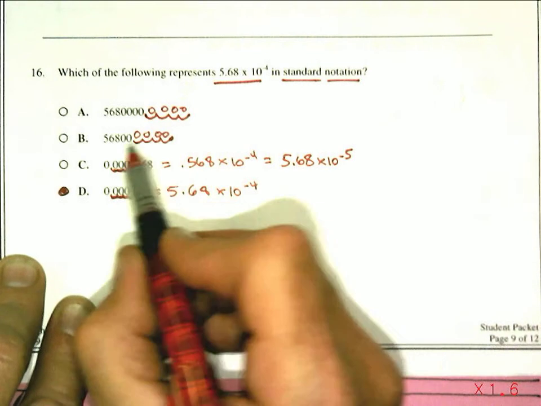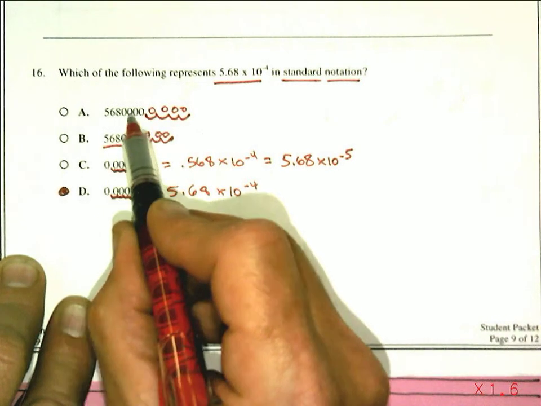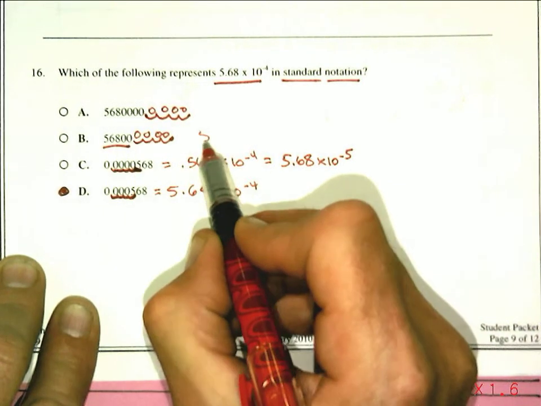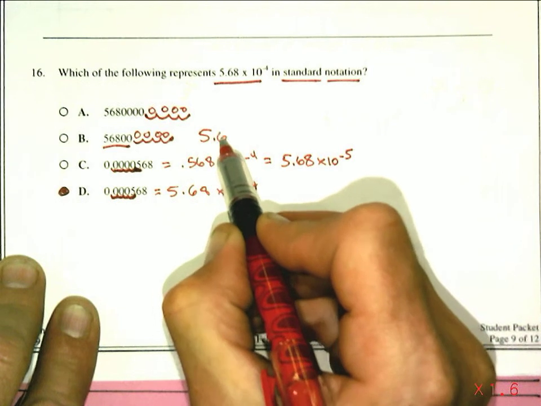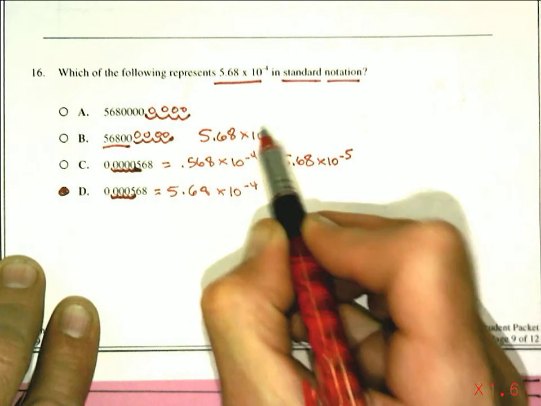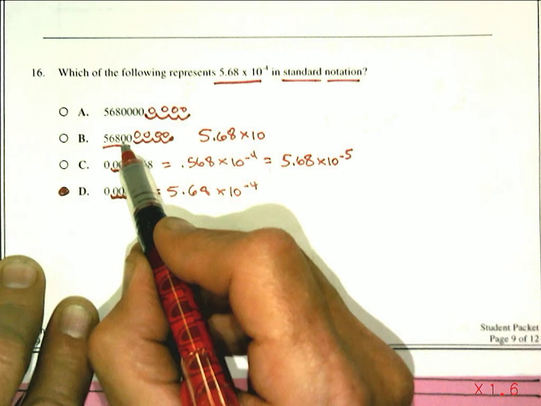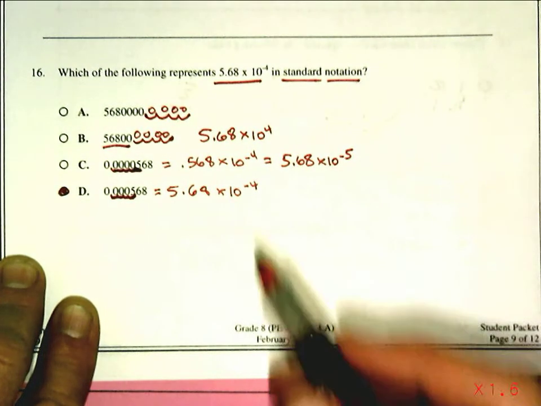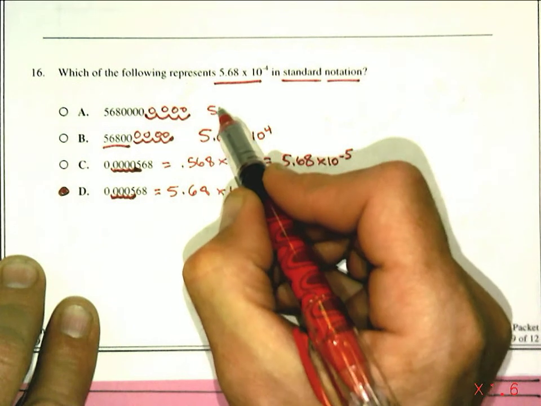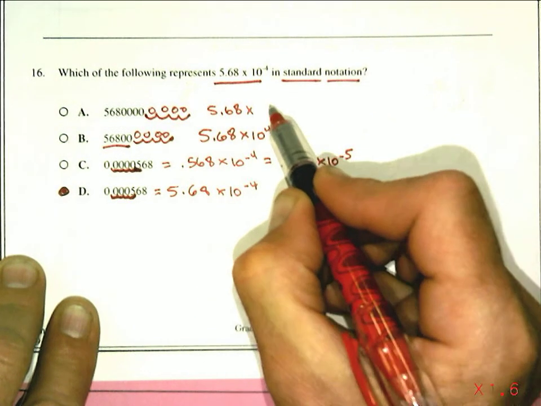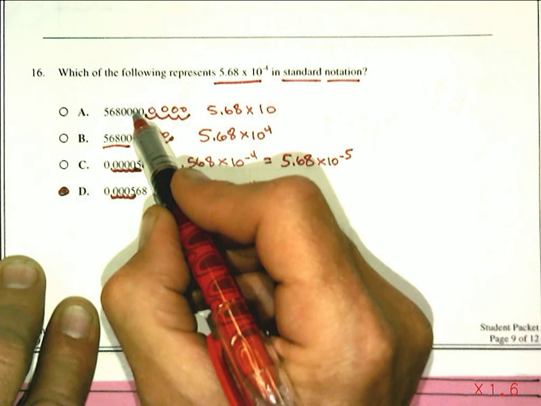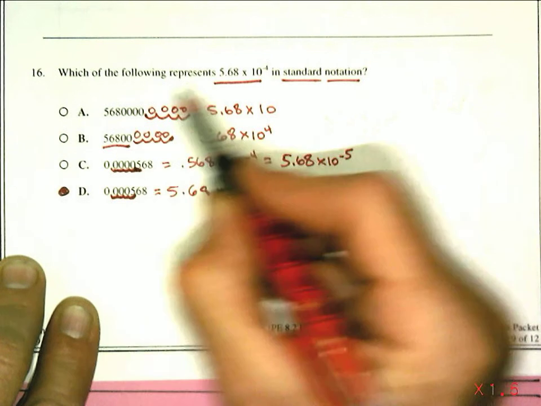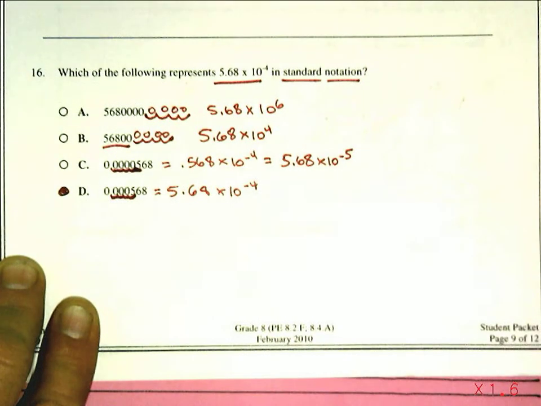And in fact, I could go back to this problem, B and A, and write those in scientific notation. 5.68 times 10 to the 1, 2, 3, 4th power, because those are big numbers. And this one is 5.68 times 10 to the 1, 2, 3, 4, 5, 6th power. Because that's how far I would have to move the decimal point to make each of those work.